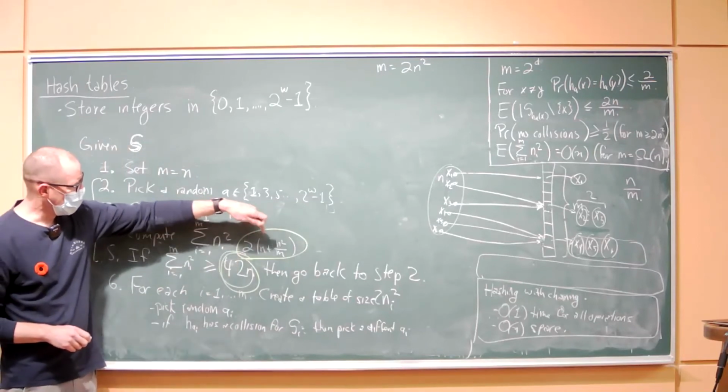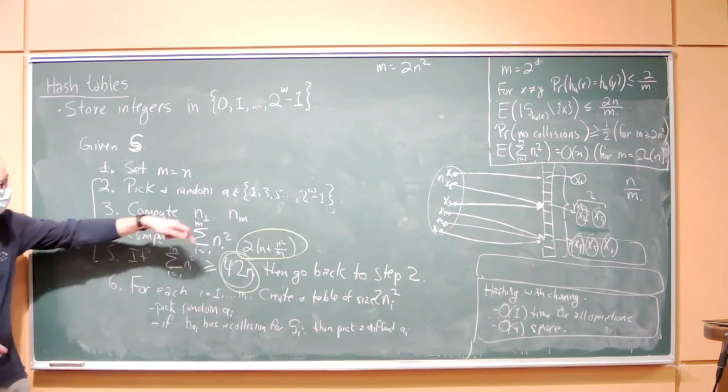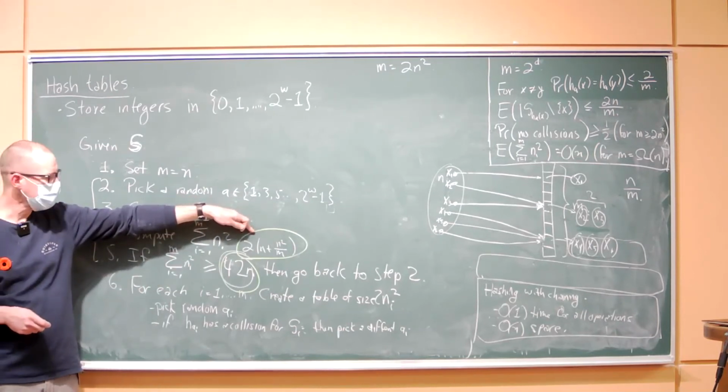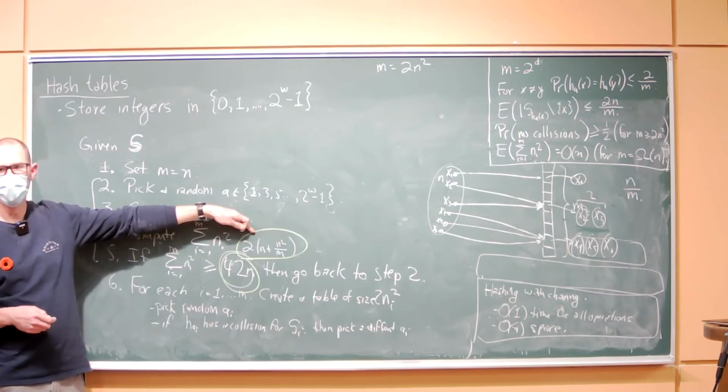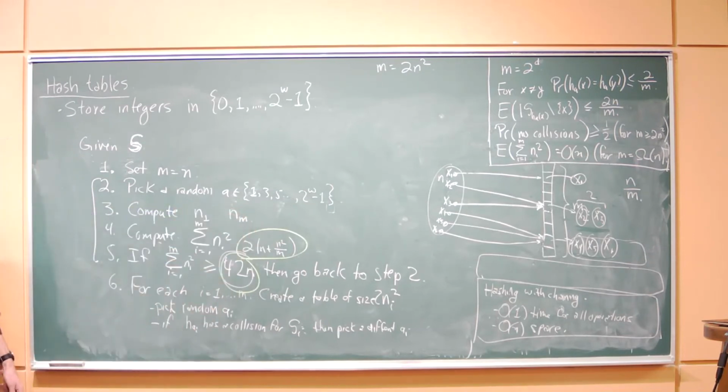Now, this is twice the expected value, and there's a well-known inequality called Markov's inequality for these things that says the probability that a non-negative random variable is more than twice its expected value is at most a half. So at each time you pick one of these things, with probability at least a half, it works, which means you expect to have to do this twice before finding one that works.